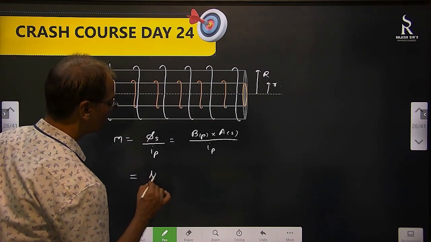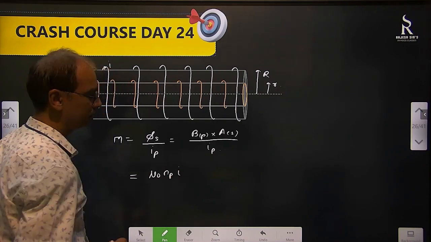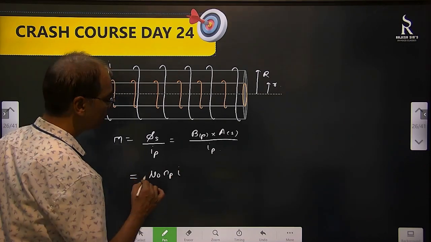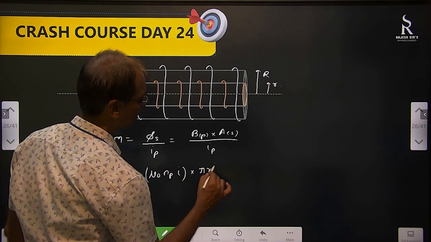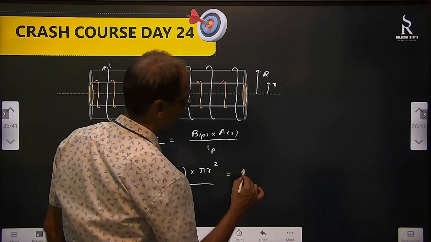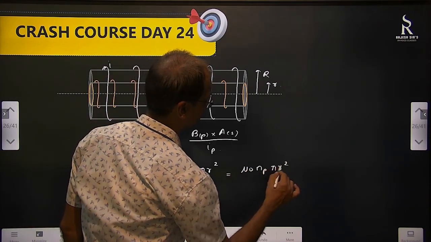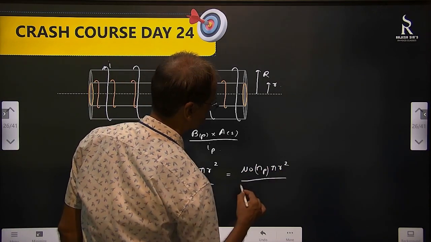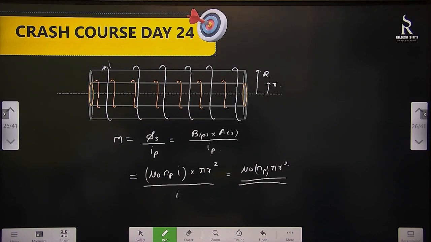So mu naught N of primary into current, into the area of secondary, that is pi r square, by I. That's it. So mu naught N p into pi r square. Number of turns per unit length in primary into pi r square. This is the mutual inductance for a solenoid.